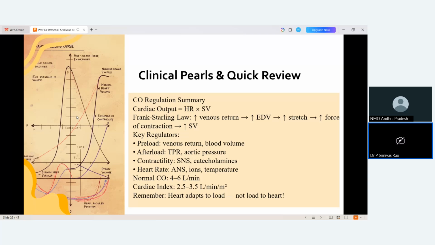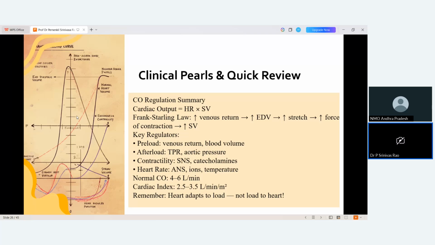What is Frank-Starling's law? Within physiological limit, the force of contraction depends upon the initial stretch or the initial length of the muscle, cardiac muscle. So what is the cause of the initial length? End-diastolic volume. What is end-diastolic volume?